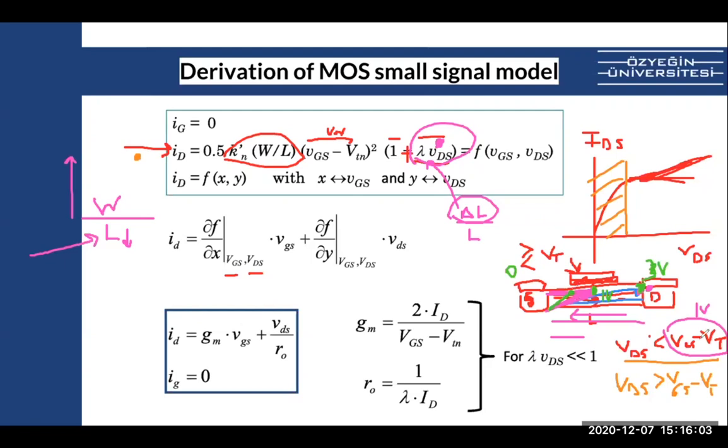The reason the pinch point is VGS minus VT is because, as we explained, if this is the gate and you are applying a VG voltage here, the difference between the gate and the voltage at that point should be VT to create some electrons.